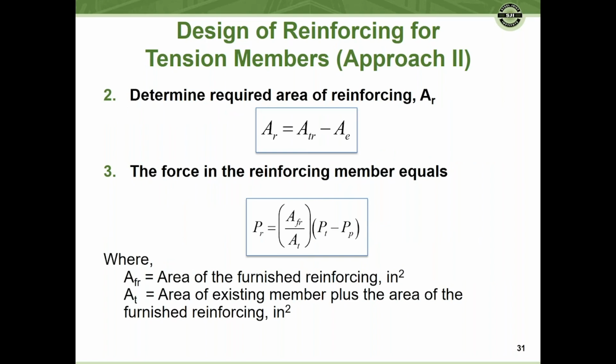And there again, we go back to our equation. A sub R is the required area of the reinforcing material, and then the force in the reinforcing member equals A sub FR over A sub T. A sub FR is the area of the furnished reinforcing, and A sub T is the area of the existing member plus the area of the furnished reinforcing, so the total area.